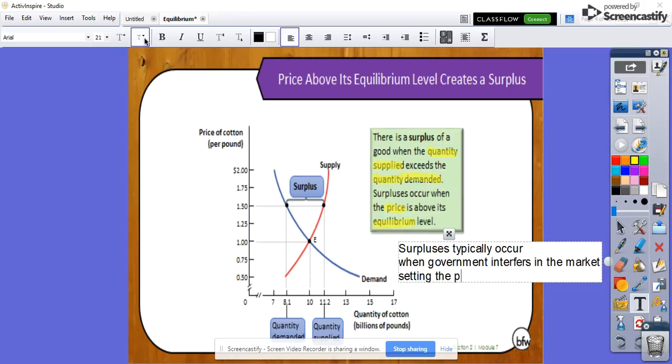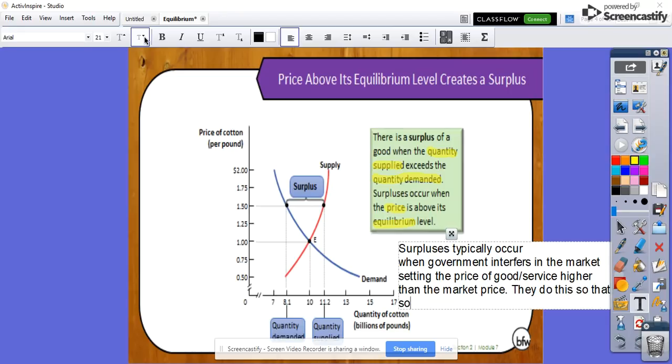Setting the price for the good or service higher than the market price. They do this so that some producers can earn a profit.